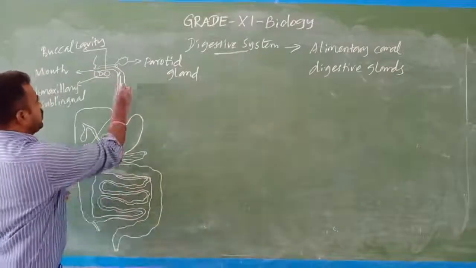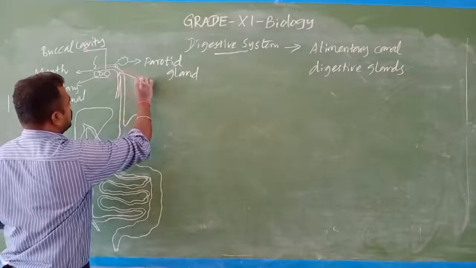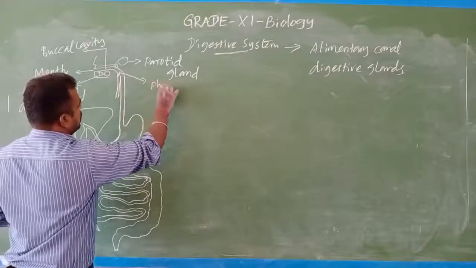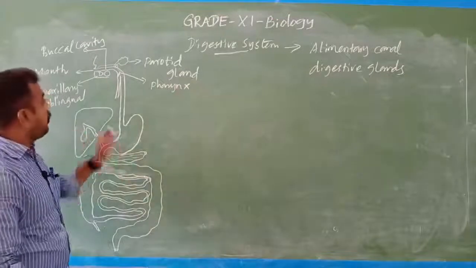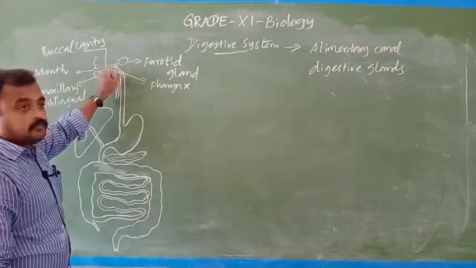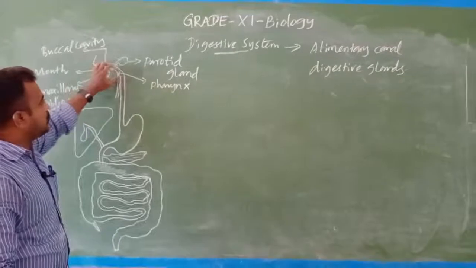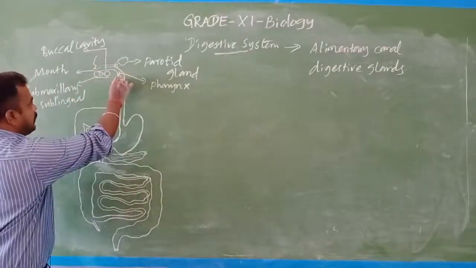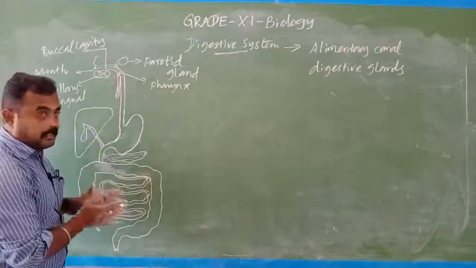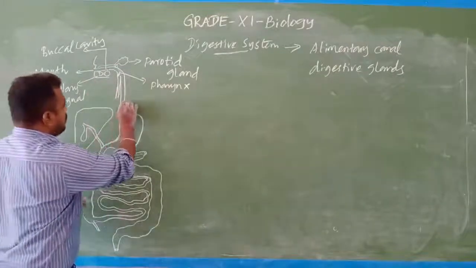Right. The next one, here we have the pharynx. It is the common passage of wind and food, that means air and food. After the pharynx, the windpipe goes separately and the food pipe goes separately.